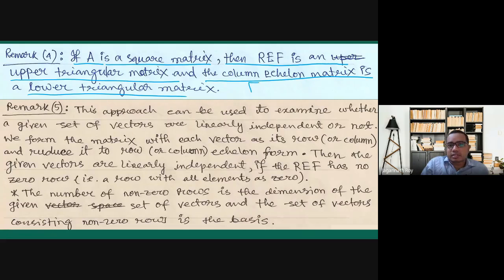Whatever I said just now, if it is a square matrix, then the zeros will be here for row operations, and for the other case the zeros will be the other side. These are non-zeros.